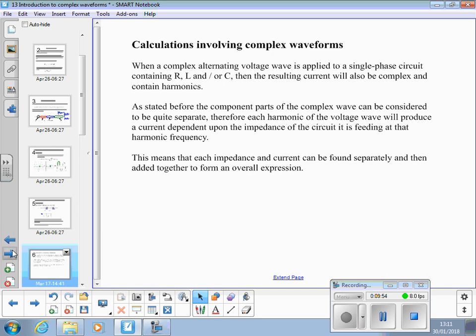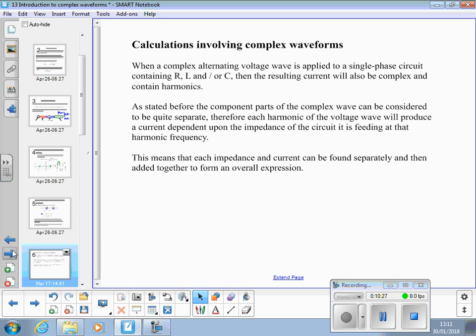So, when a complex alternating current voltage is applied to, for instance, a single phase circuit containing R, L and or C components, so resistance, inductance, capacitive components, you're going to be stepping back a little bit here and start to move back into a little bit of our complex numbers and calculating impedance in our RL, RC and RLC circuits that we did earlier.